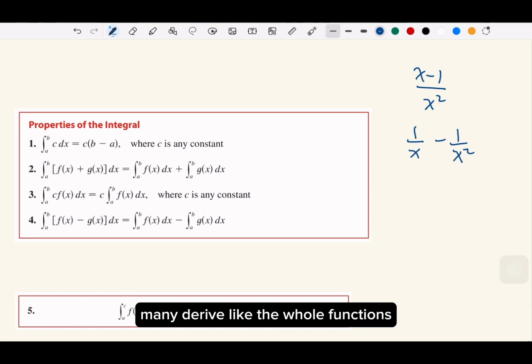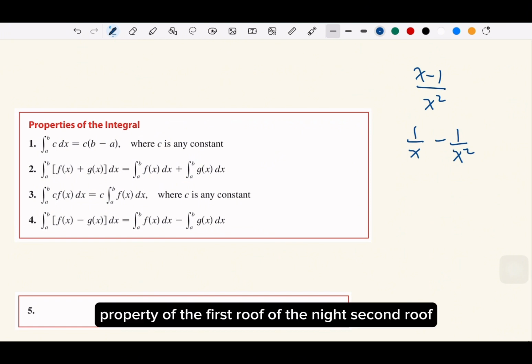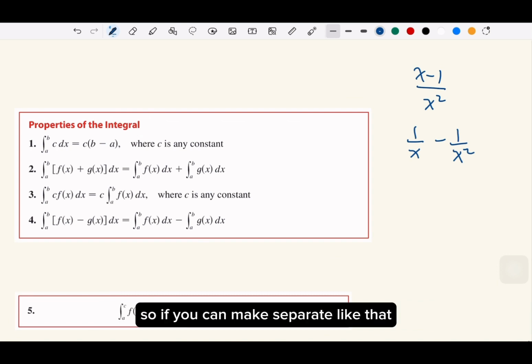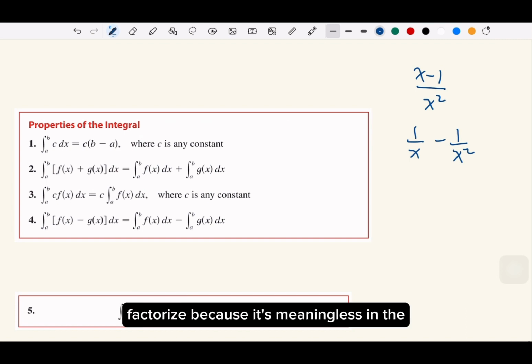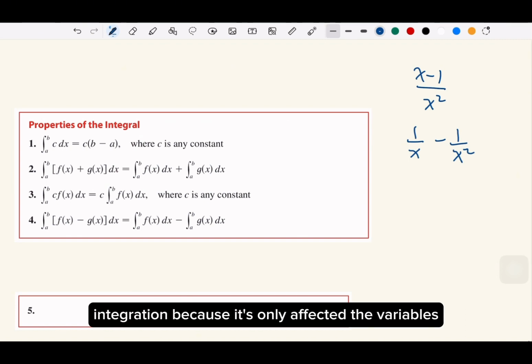Many derive with the whole function, but if you derive each one of them it's easier, and then you can combine later, like the property of the first derivative and second derivative. So if you can separate like that, we can also separate the integration. Okay. And every constant we can factorize because it only affects the variables.